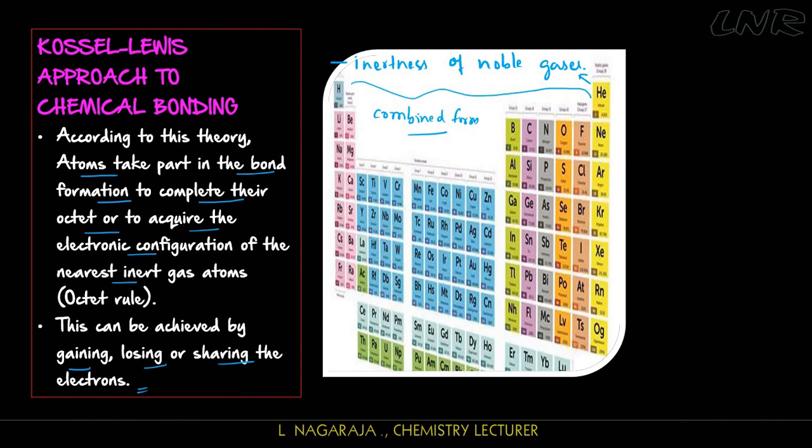Let us see what is the outermost electronic configuration of the noble gases. In helium, the outermost electronic configuration is ns2, and for neon, argon, krypton, xenon and radon, all these elements have the outermost configuration ns2 np6.